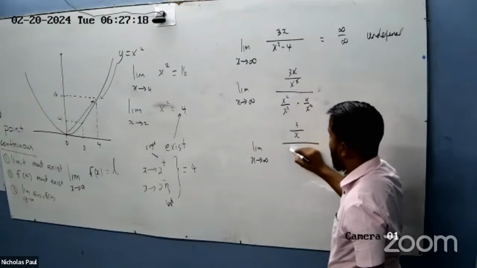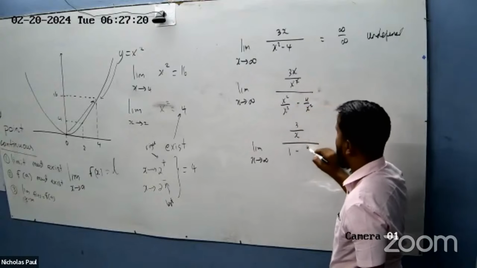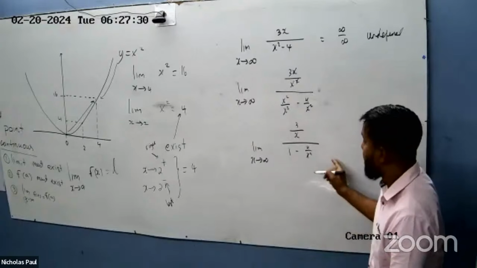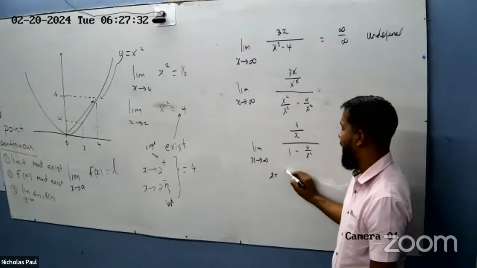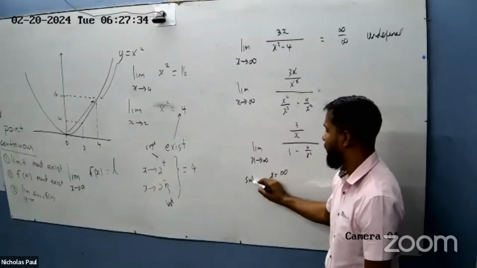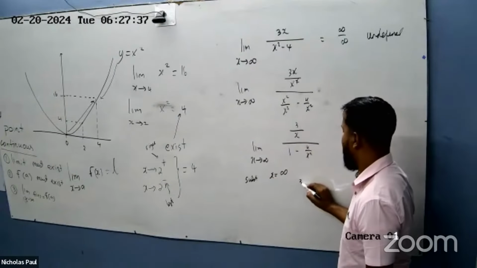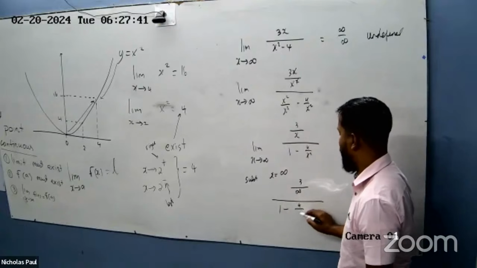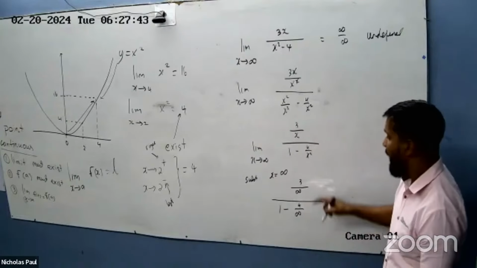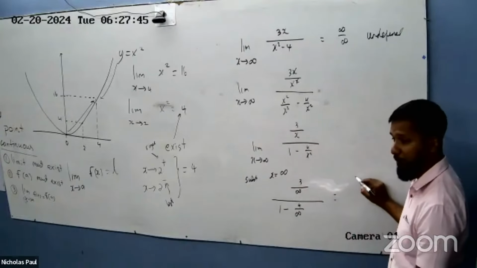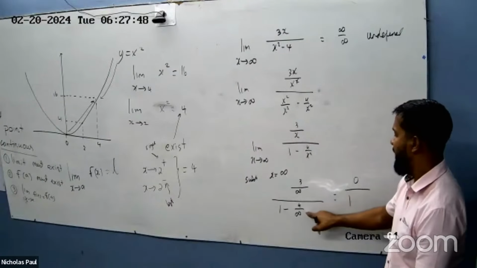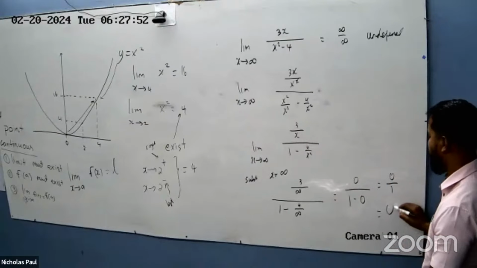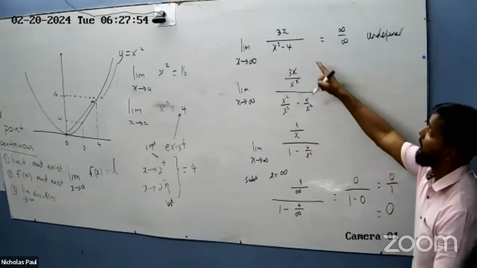X squared on x squared is 1. 4 on x squared will be, well, 4 on x squared. That's okay? Next step, let's substitute x is infinity. So I'm going to put 3 over infinity, 1 minus 4 over infinity. Anything divided by infinity is 0. So you get 0 over 1, which is 0. So the limit of this is 0.